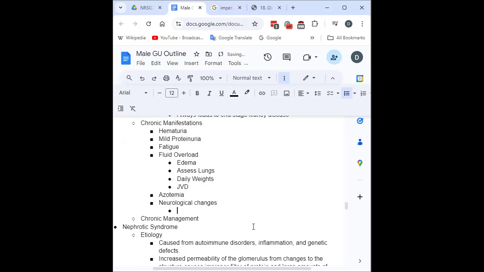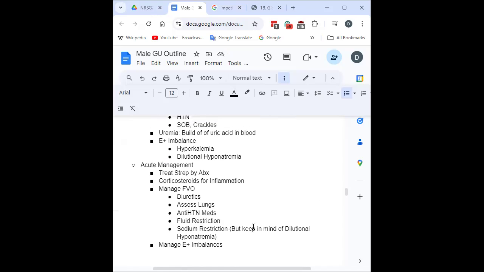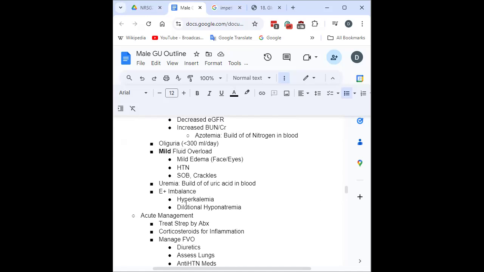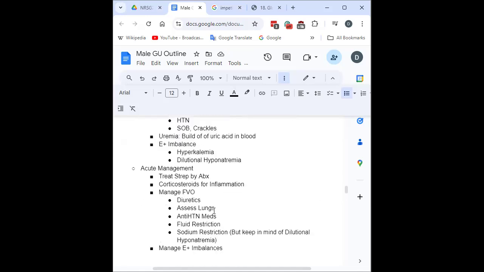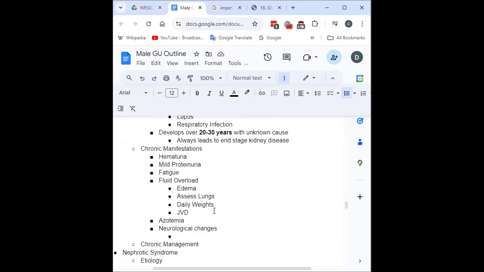And I can imagine a lot of this comes from, like I mentioned, when you have these kidney problems over time, you will eventually end up with dilutional hyponatremia. These people that are chronic are probably going to have more issues with the hyponatremia over time, so you'll probably see more neurological changes due to the low sodium.